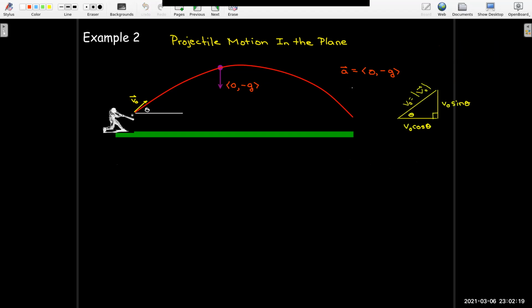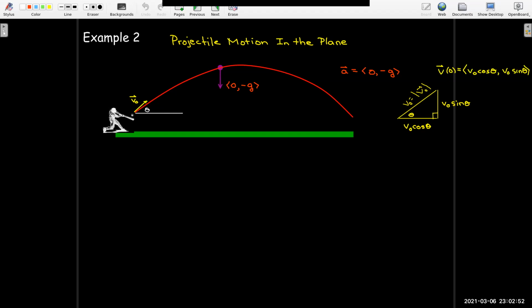So what we're going to do is draw a triangle here. We're given some initial speed, which is the length of the velocity vector. We know the angle made with the horizon is theta. So from some triangle trigonometry, this velocity vector has two components. The horizontal component is the initial speed times cosine of theta, and the vertical component is the initial speed times sine of theta.